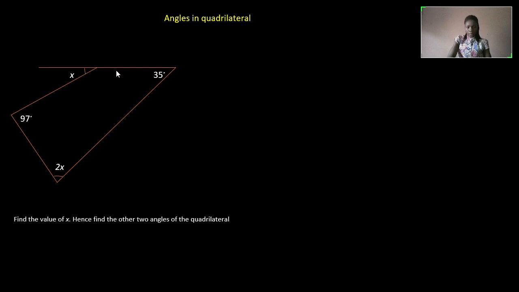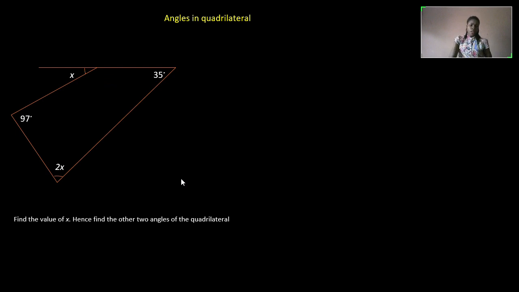Because this is a straight line, we have to subtract this angle from 180. And since this angle is unknown, no letter there, for us to find this angle here, we have to subtract x from 180. So the value of the angle here now is 180 minus x.